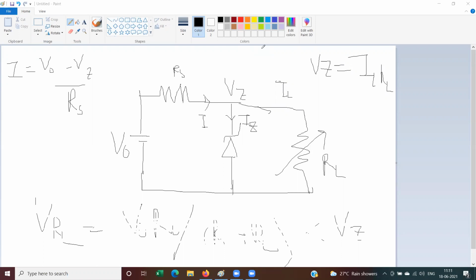One volt dropping across 1 mega ohms. What will be the current?